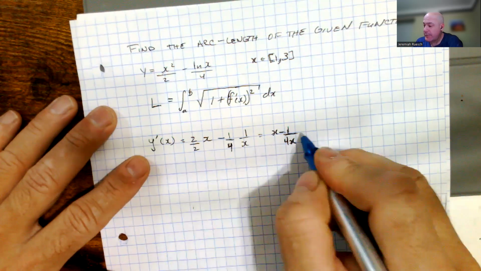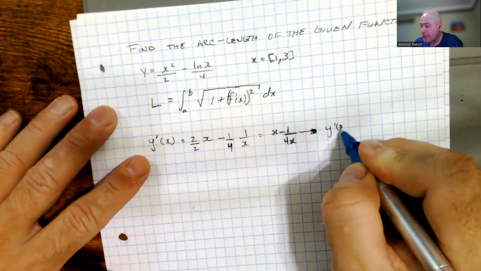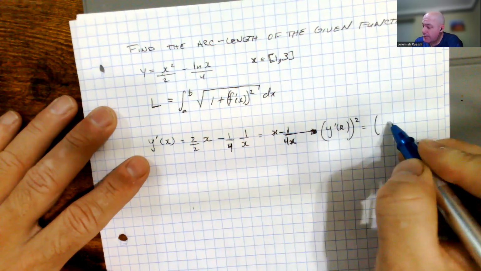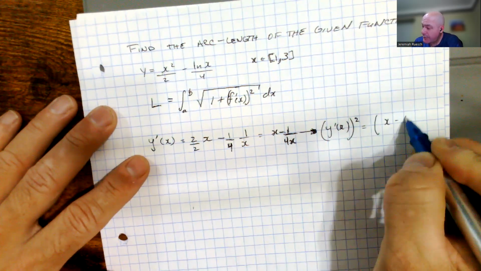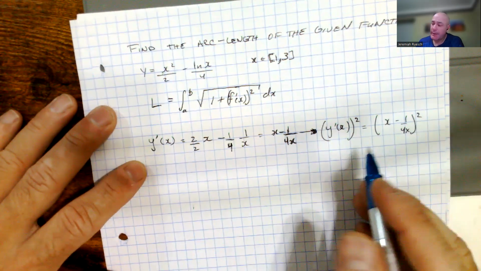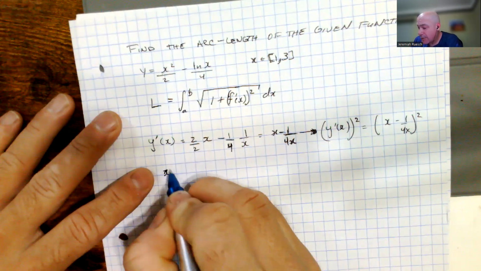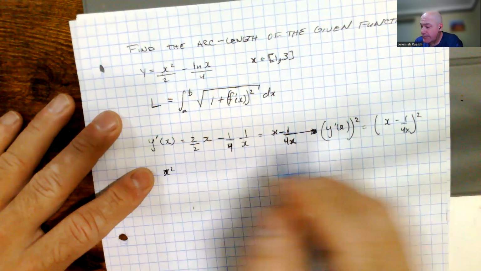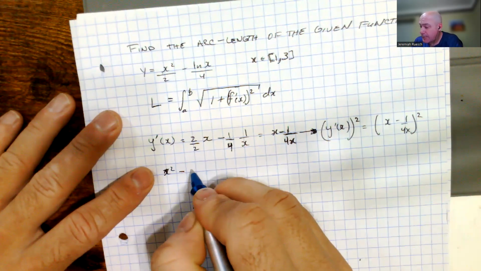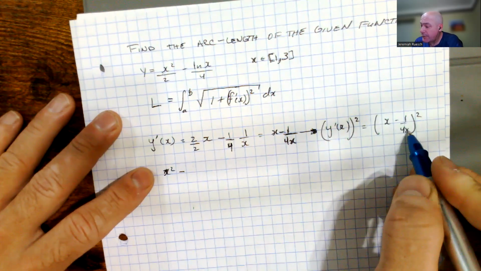Okay. So now let's look at what y prime of x squared looks like. Well, that would be x minus 1 over 4x, squared. Okay. So let's FOIL that out. We have x squared, multiplying x times x, minus, there's going to be an x times 1 over 4x.